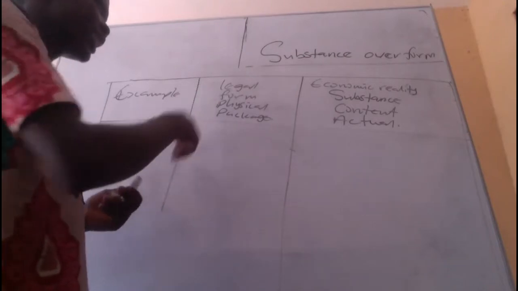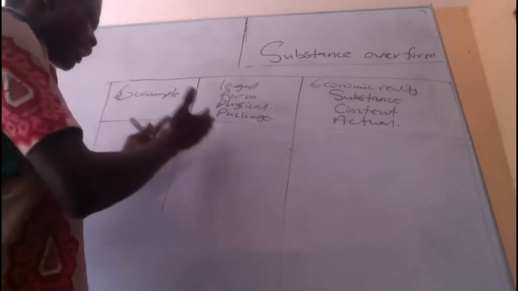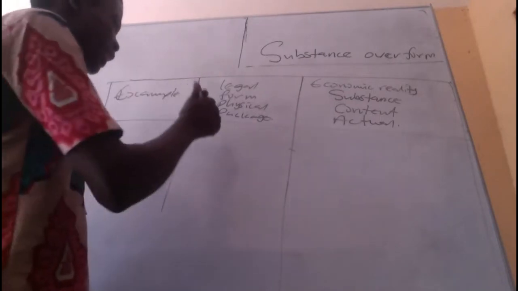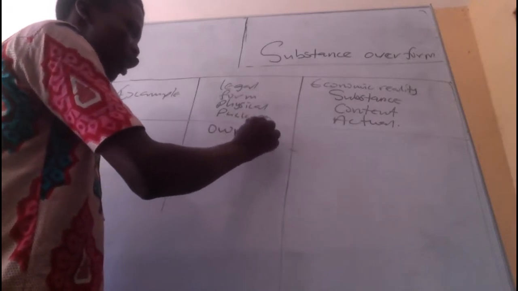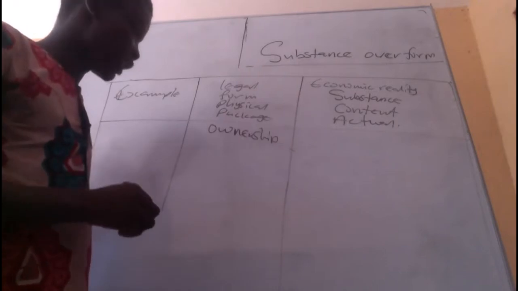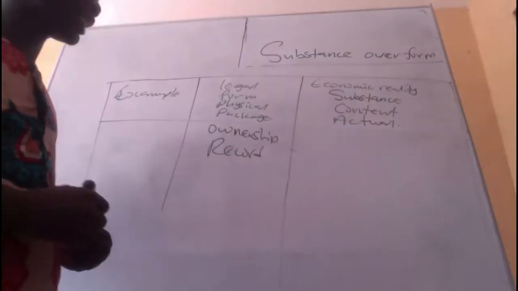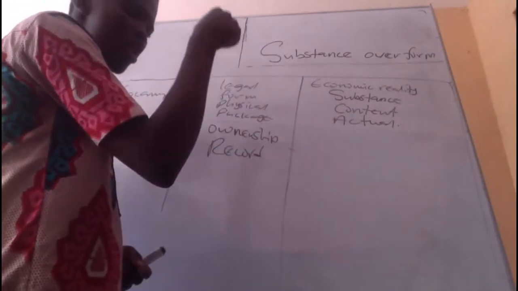What happened? Let's see the legal form. We brought the motor vehicle to our company. Legally, who owns the asset? Legally we own the asset, so there's ownership. When there's ownership, we have to record. Now let's see the economic reality. In fact, who will use the asset?